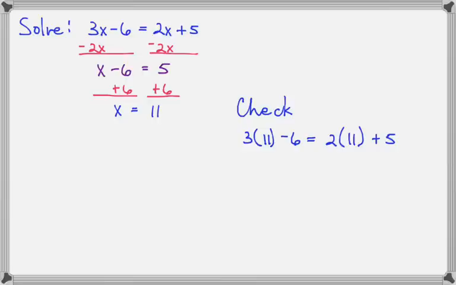Well, 3 times 11 is 33. And on the right side, 2 times 11 is 22. Now back to the left side, 33 minus 6 is 27. And 22 plus 5 is 27. And that tells us, because these two are the same, that 11 is the right solution.